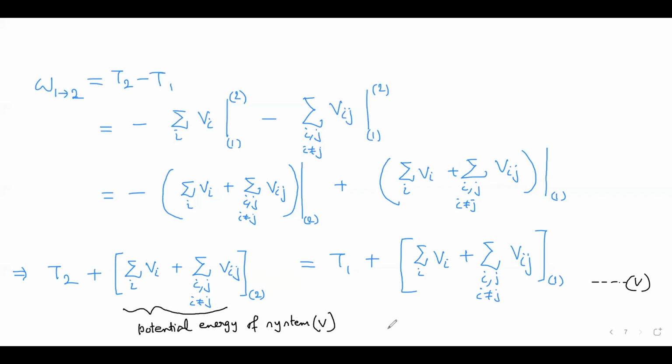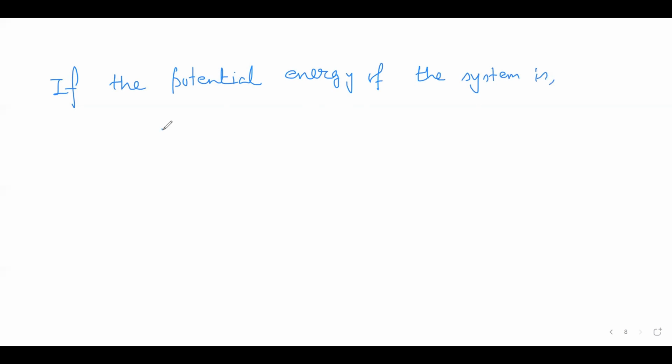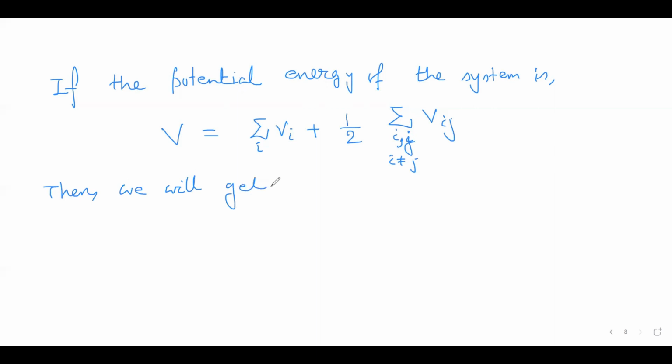So if the potential energy of the system is V equal to sum over i Vi plus half sum over i comma j, i not equal to j, Vij, then we will get kinetic energy plus potential energy, that is the total mechanical energy of the system, is conserved.